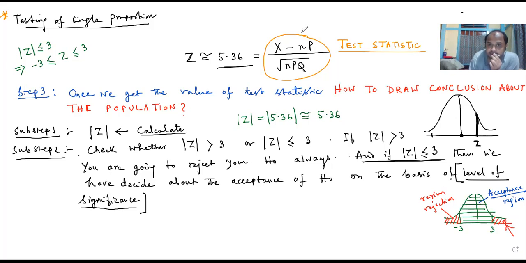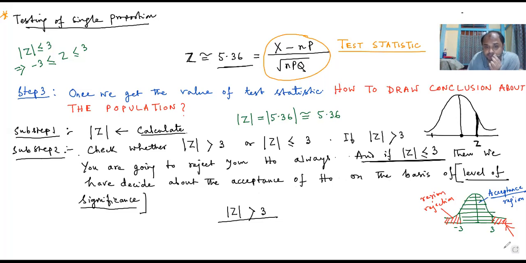So you can see that for our case, your mod Z is actually greater than 3. The data on the basis of which you are getting 3,240 throws out of 9,000 throws is actually falling inside the critical region.